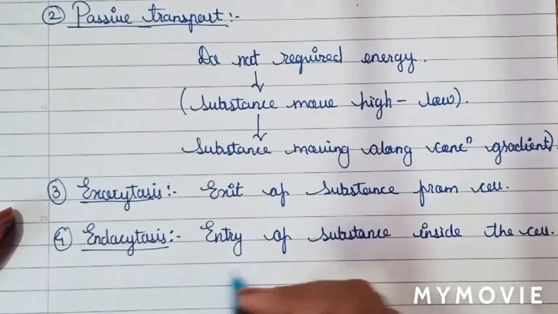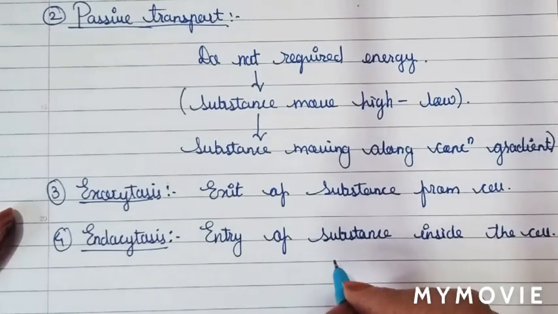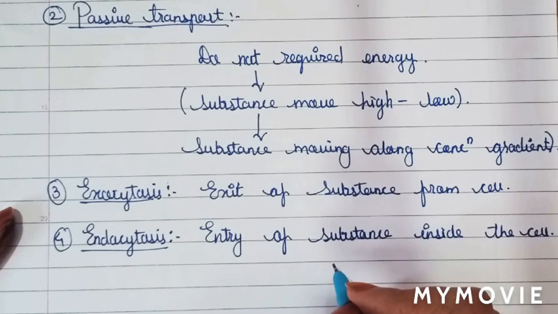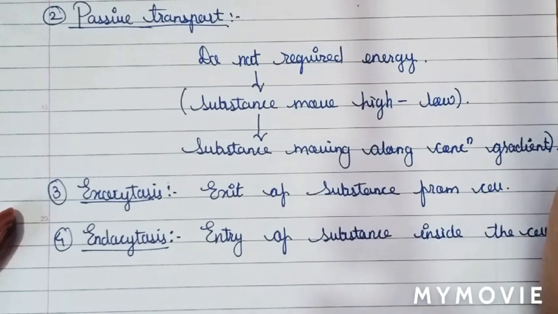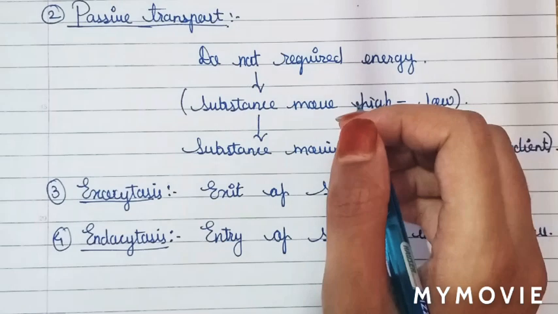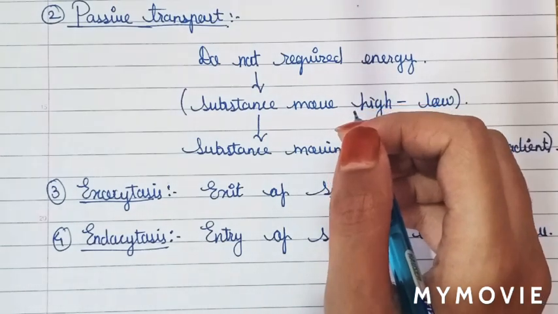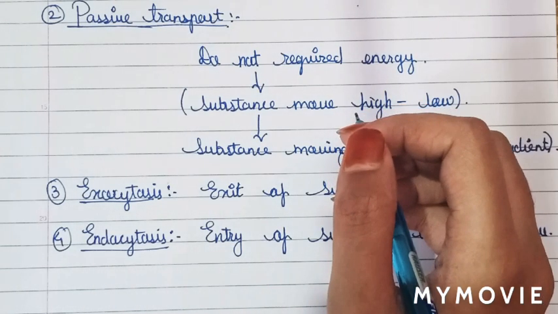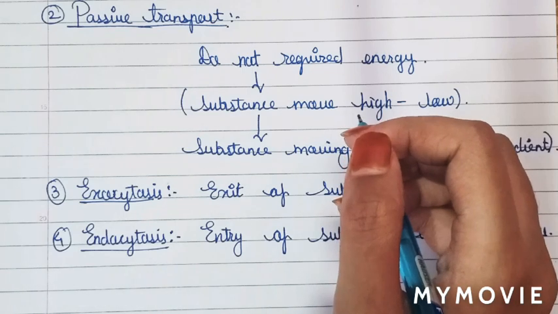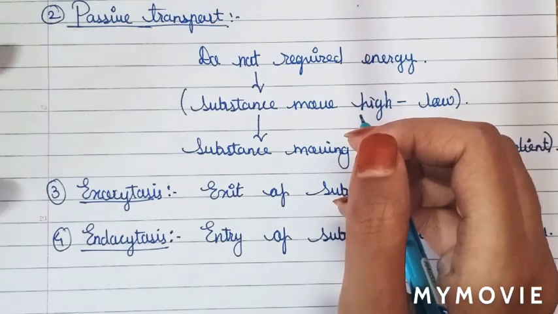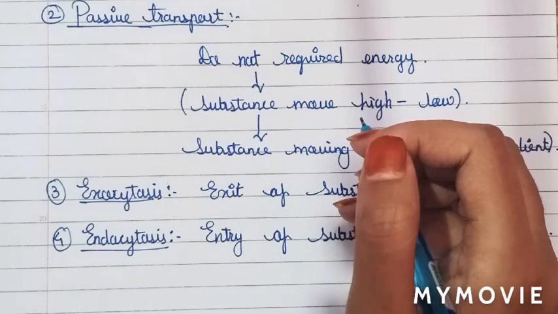Entry of substance inside the cell is of two types, pinocytosis and phagocytosis. Pinocytosis means the intake of fluid substance, and phagocytosis means engulfing of solid particles, that is, cell drinking and cell eating. Pinocytosis and phagocytosis are the types of endocytosis.